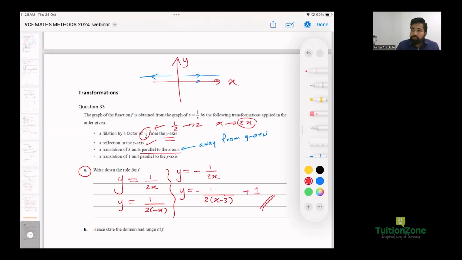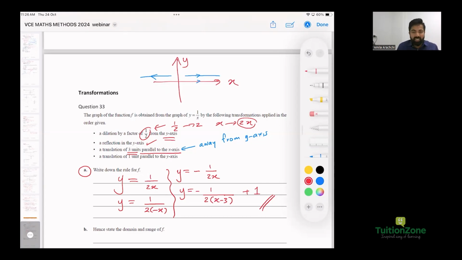Could you explain why you don't have to say the direction again, because it says parallel? If you say 3 units, its direction is still there. 3 means positive 3. If they haven't mentioned otherwise, it's positive 3, unless the question says a translation of negative 3 units parallel to the x-axis. Then we know that's going to the left.